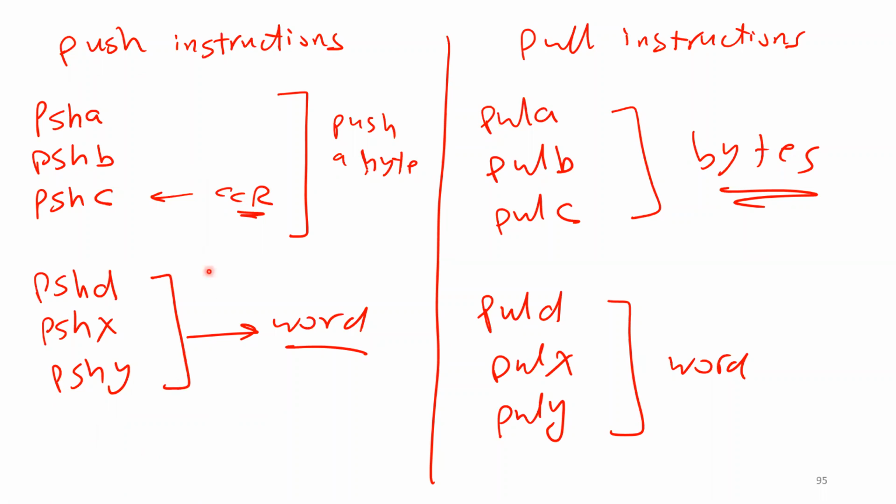But again, as I said multiple times before, that does not mean you cannot do it. You can take the value, put it in one register, and then push the register as usual. Okay, guys? For pull, we have exactly the same instructions. For bytes, pull A, pull B, pull C, and for words, pull D, pull X, pull Y. Okay, guys, any questions? Is that clear?